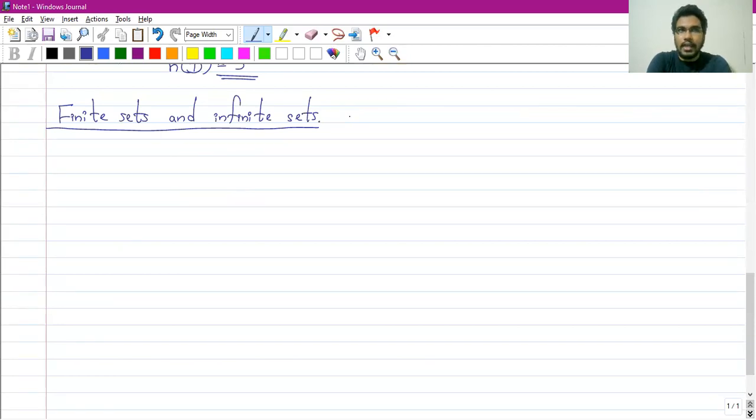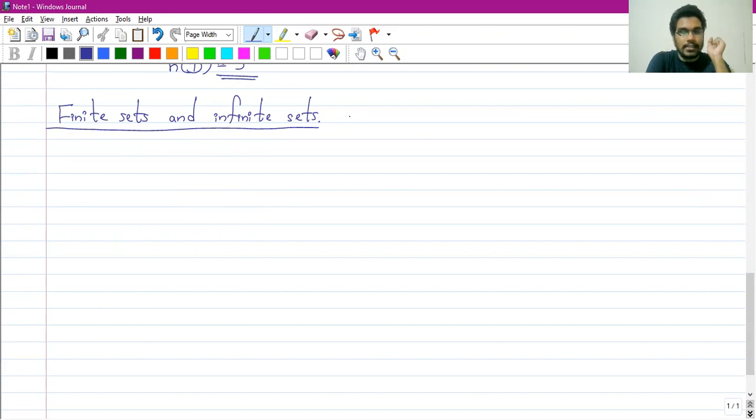So finite means sets which have a specific number of elements. That means we can say in this set there are 5 elements. In this set there are 10 elements.